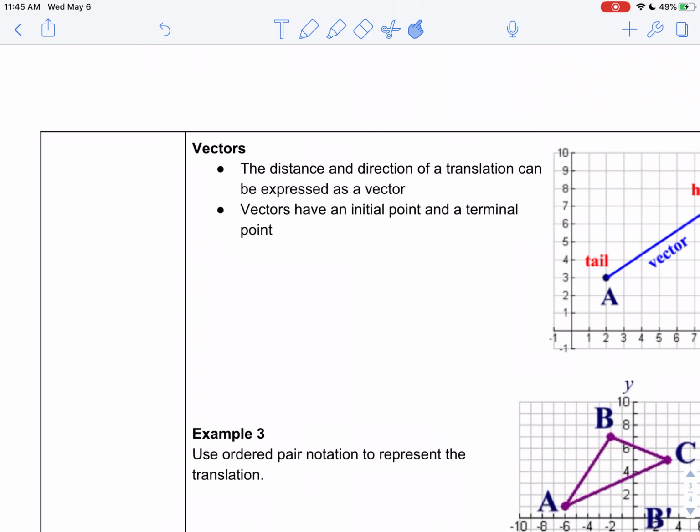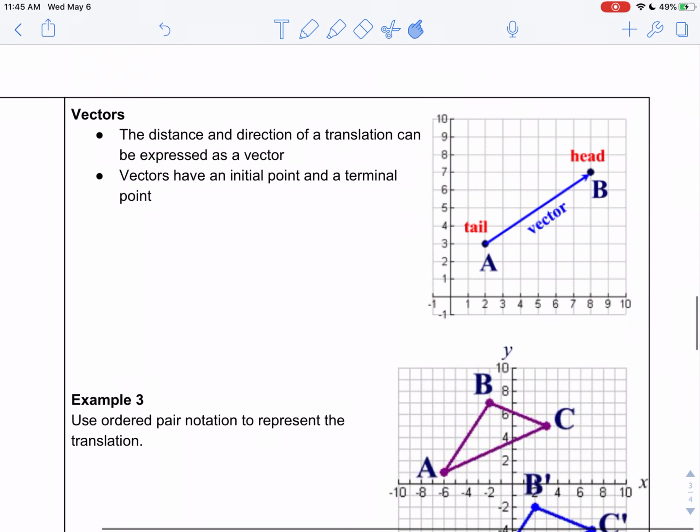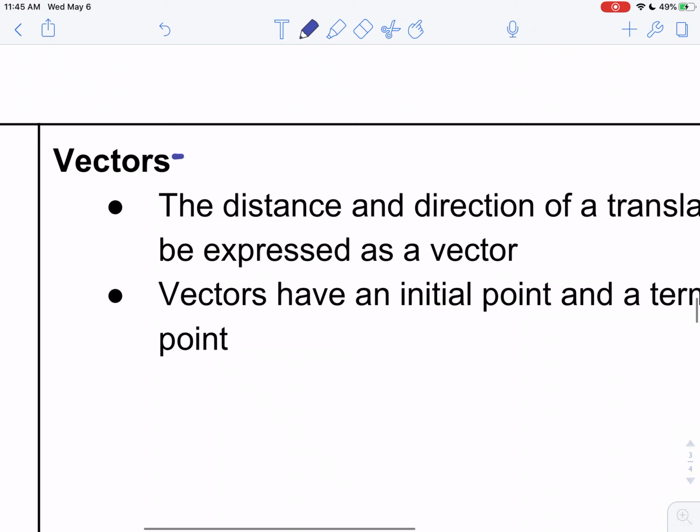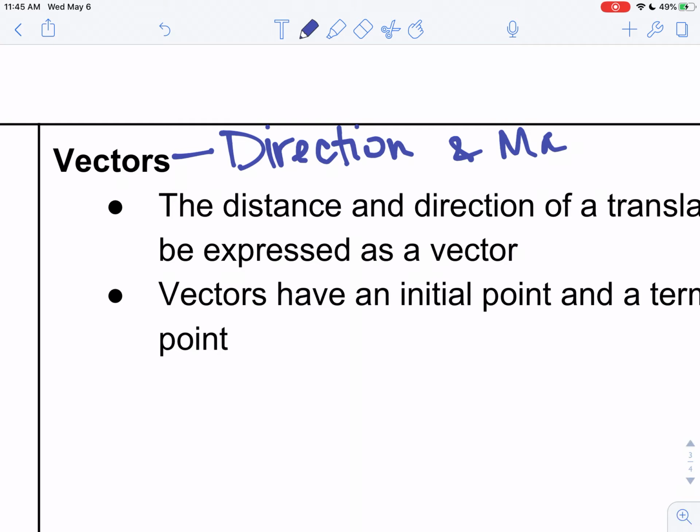All right, so that was our quick little recap on vector. And if you picked up on it, that guy's name was Vector, as you may recognize. And he says he's a mathematical term. Vector is an arrow that indicates direction and magnitude.